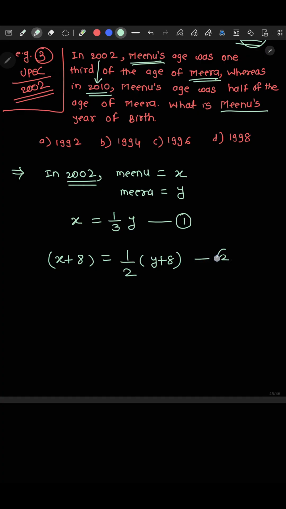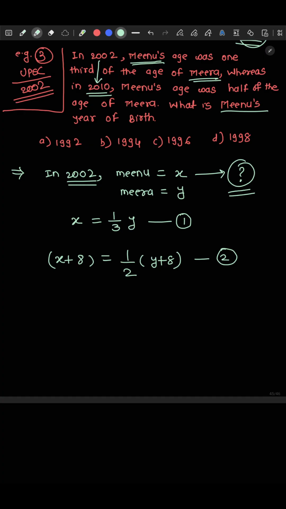So let's solve equation number 1 and 2. Now for Minu's age, we have to find out the value of X. We will get the age of Minu in 2002 and we will subtract that age from 2002 and that will be our answer. Now here you have noticed that UPSC will not directly ask simple questions. It will add some kind of step, so you need to put in extra effort.